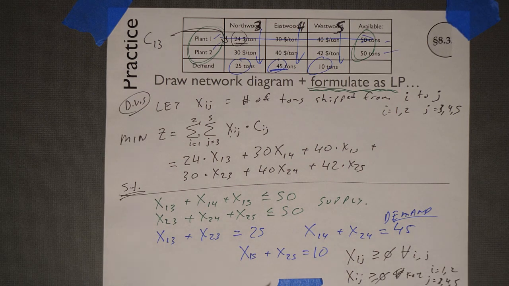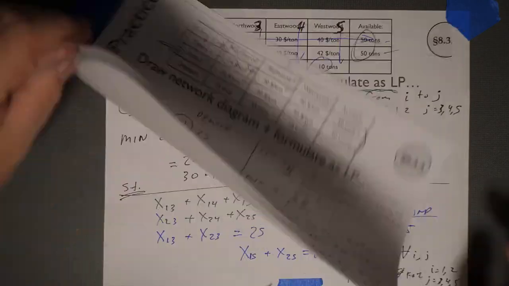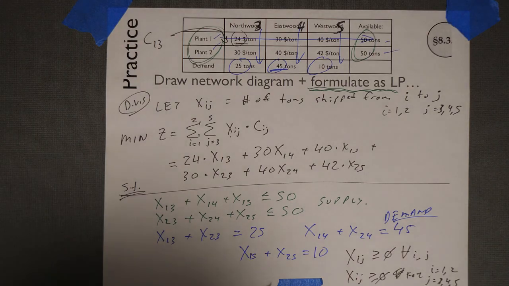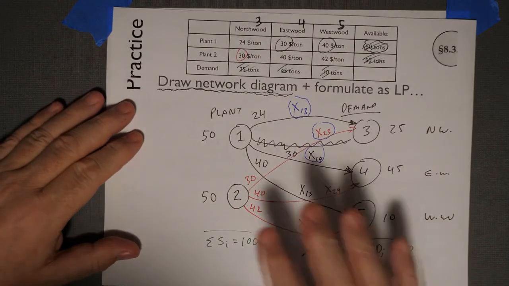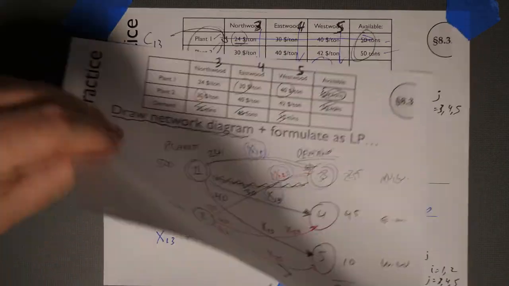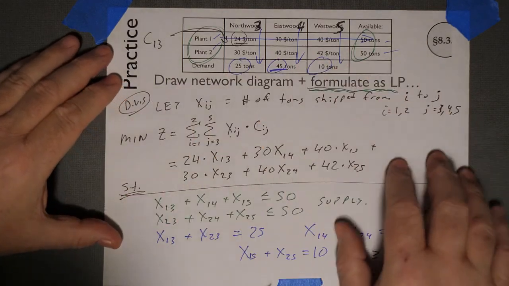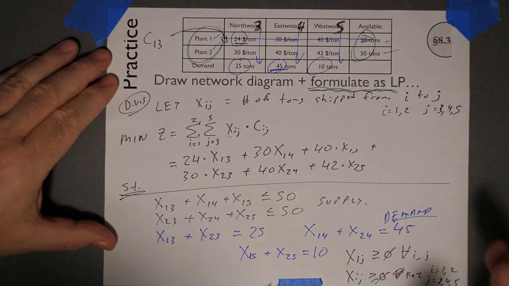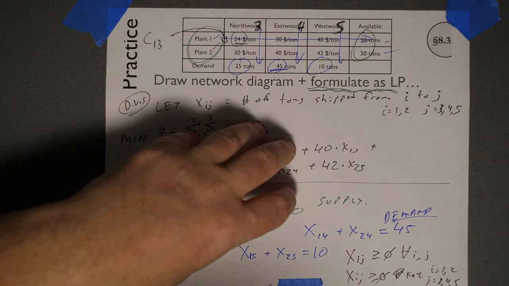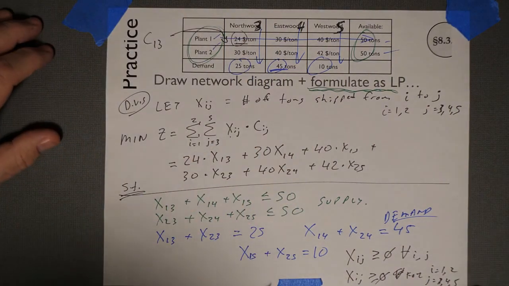Just to indicate that we're dealing with non-negativity. We had this famous network diagram. We have this problem formulated as a linear program. The next step is to take this LP, plunk it into Excel, and solve it.